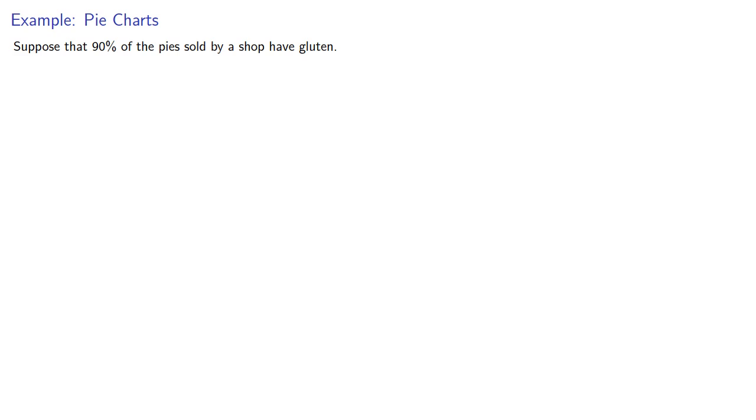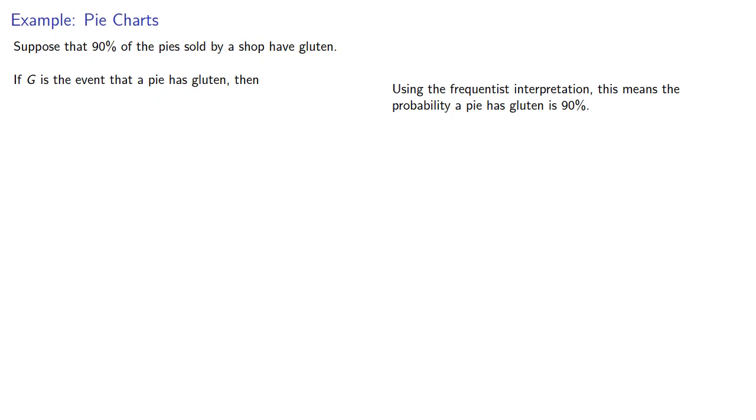For example, suppose that 90% of the pies sold by a shop have gluten. If G is the event that a pie has gluten, then we have the probability of an event. So using the frequentist interpretation, this means the probability a pie has gluten is 90%. And while, strictly speaking, 90% is a number between 0 and 1, let's actually express it as a number between 0 and 1.